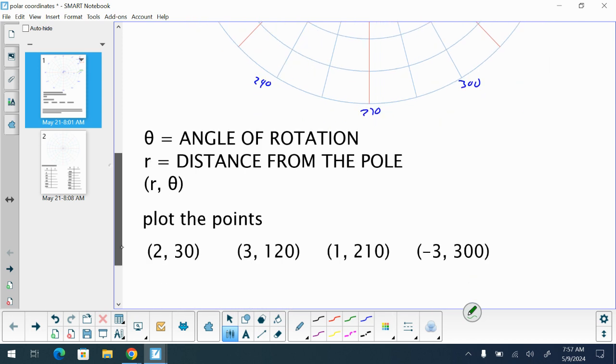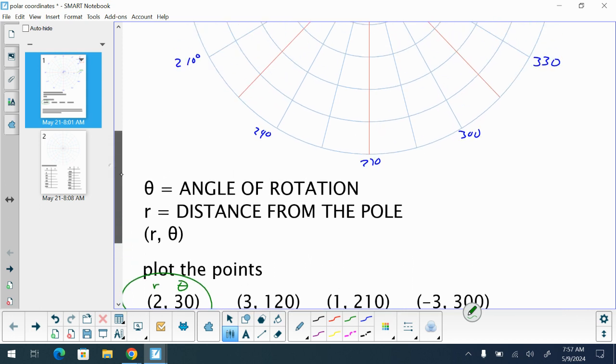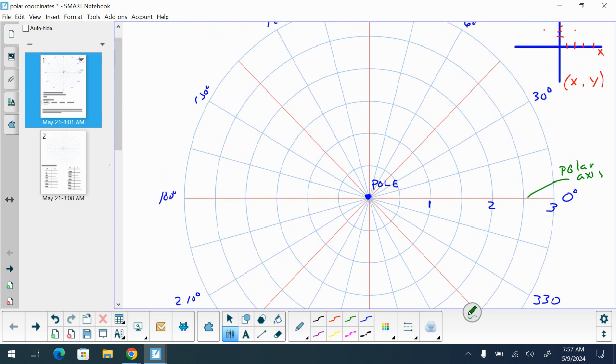So if we're going to plot some points, let's plot some points. If we have the ordered pair (2, 30), that means our r value is 2 and our theta value is 30. So if we look at our graph up here, you could do this either way. You can think that I'm going to rotate 30 degrees, then go out 2 units.